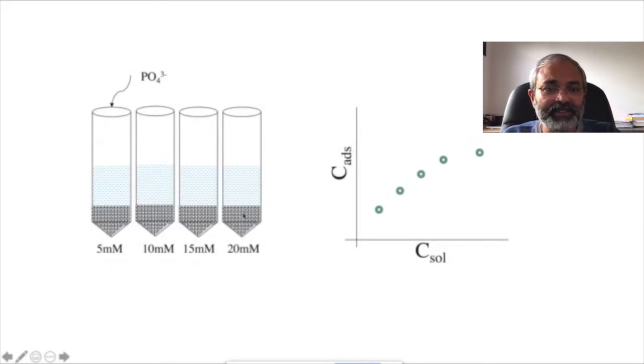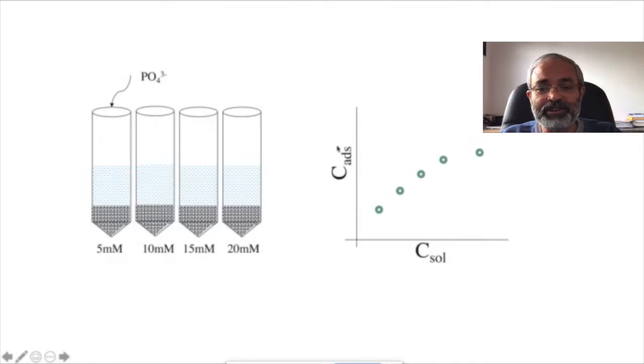At that stage, you are going to take a sample out of each vial and remeasure the phosphate concentration. Now the difference between the remeasured phosphate concentration and the original concentration is the amount of phosphate that has been adsorbed onto the sediment particles.